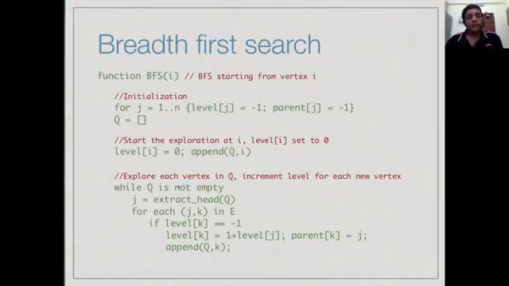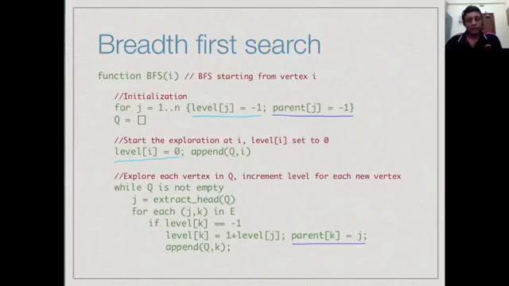This can also be easily added to our code along with the parent code. Last time we added this assignment for the parent. Now we also add the assignment for level. Initially the level of each vertex is undefined, so it is some nonsensical value like -1. Then we say that the level of the start vertex is 0. Whenever we visit a new vertex, if it is visited, then it must have a level.